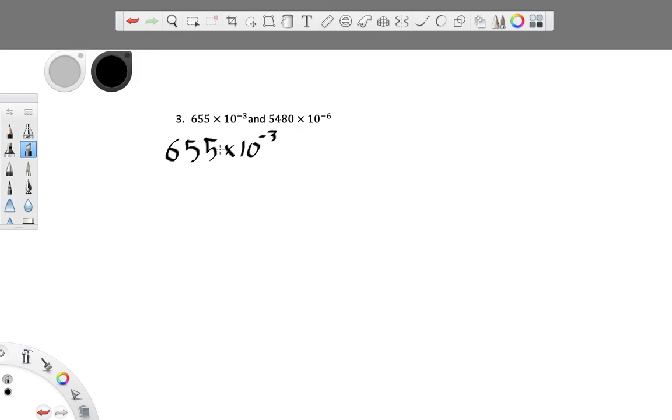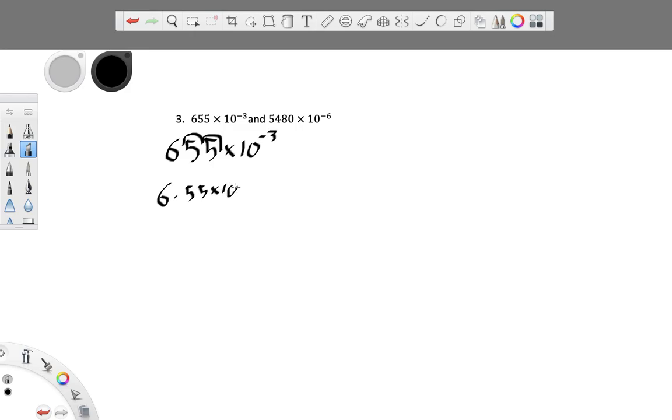Currently our decimal point lies here, so we move it once and twice, moving the decimal point to the left, which means that we will get 6.55 times 10 to the power of 2.